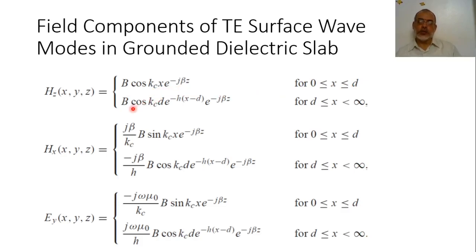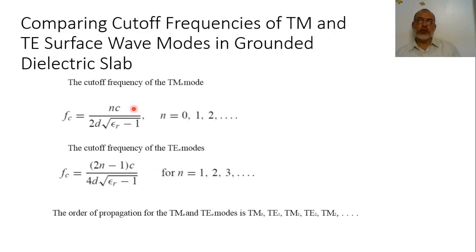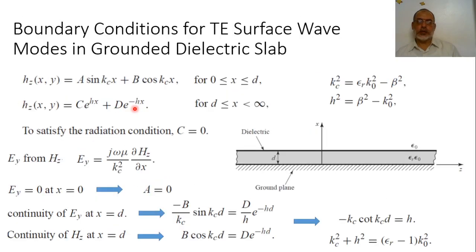Here this was the value of d, and we have already proved that the relation between d and b is that d equals minus b multiplied by h over kc sine kcd e to the power hd. So we can replace any d by this combination.